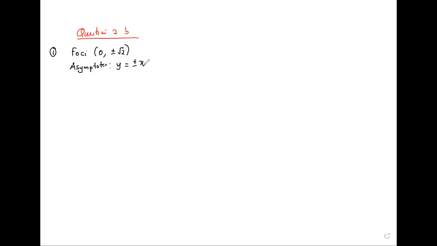So for this hyperbola, for the foci to be 0, plus or minus the root of 2, it means that it's on the y-axis. On the y-axis, the formula for the asymptotes is plus or minus a over b x.